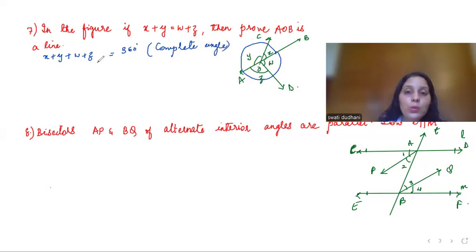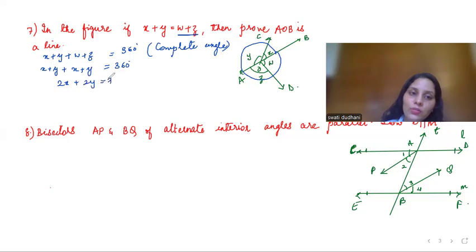Now, since we know that w plus z is x plus y, so instead of w plus z, I can write x plus y. I can replace it. So here we have 2x plus 2y equal to 360 degrees, or x plus y equal to 360 by 2. X plus y is equal to 180 degrees.